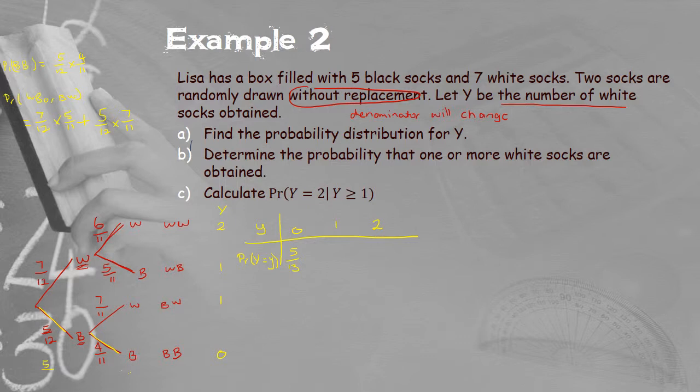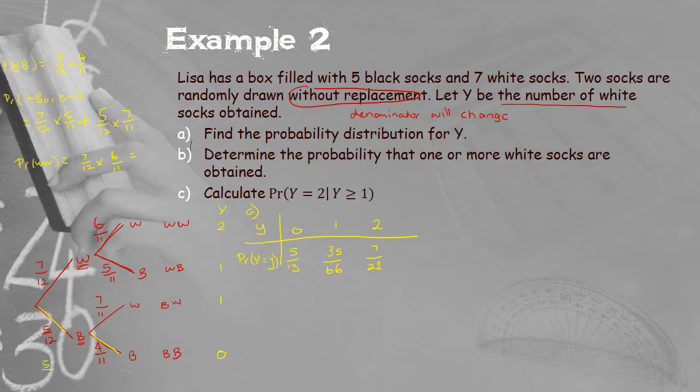Again, we can work this out by hand or in our calculator, and we get a value of 35 over 66. Our final option for 2 white socks, that means we've got white, white. We would have 7 over 12 times 6 over 11, which when it simplifies gives us 7 over 22. So this is our answer to part A. This is our probability distribution.